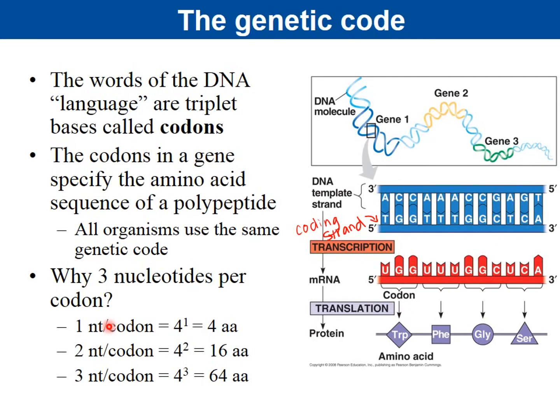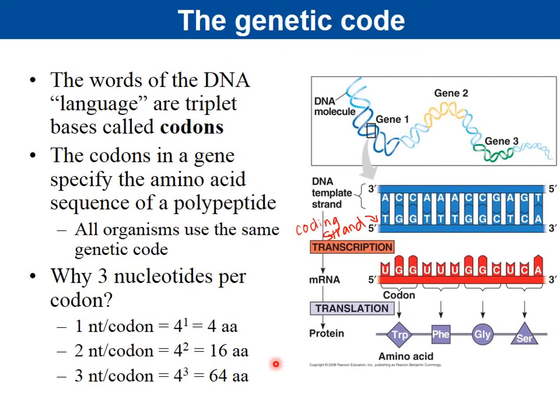Now, why is it 3 nucleotides per codon? Remember that there are 20 amino acids. If it was only 1 nucleotide per codon, meaning A gave you 1 amino acid, T gave you another, G gave you another, and C gave you another, 4 bases to the first power, there would only be 4 possible amino acids.